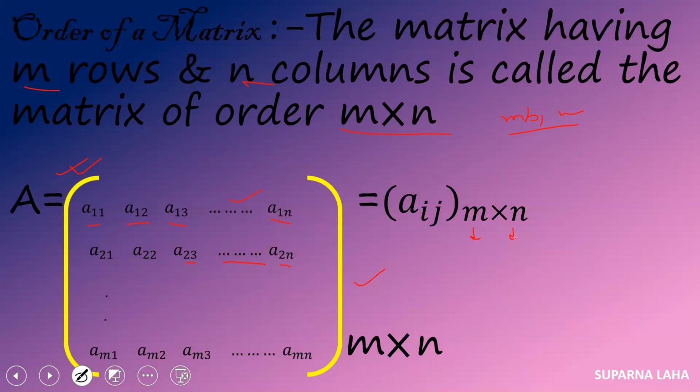So, and this A21, A22, A23 and up to A2n, and this one is going on up to AM1, AM2, AM3 and up to AMN.